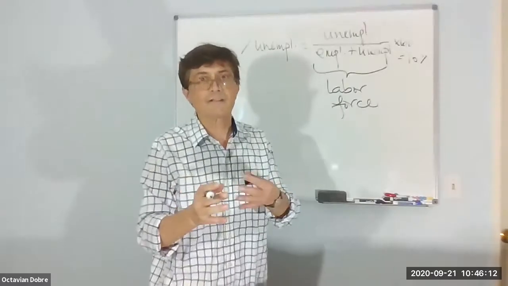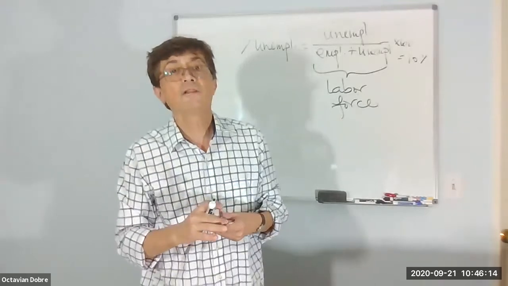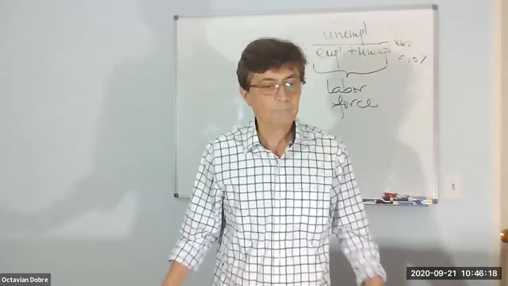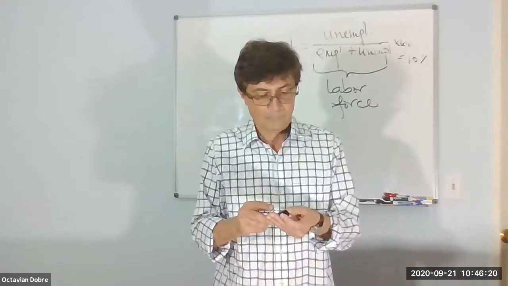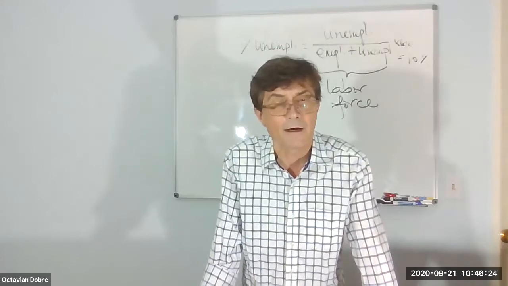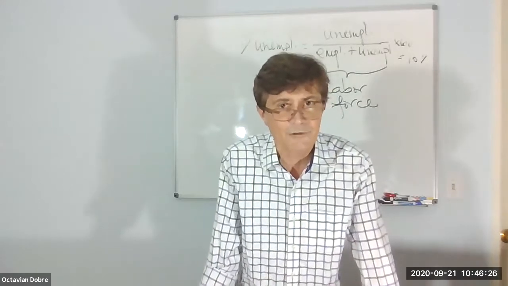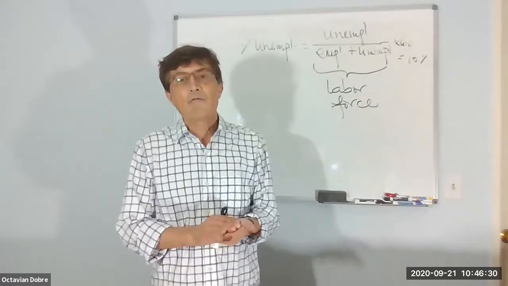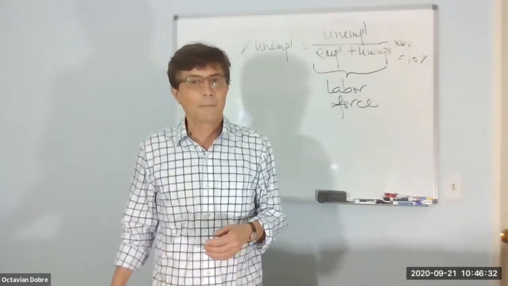So the labor force represents everybody who's available to work. A long time ago, the book had a very interesting graph about the labor force participation rate for males and females.